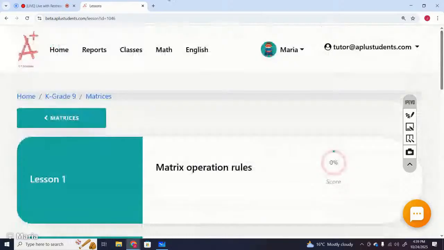So before the next session you can complete all the practice questions for the lessons. Any questions, you can please ask if you have any.